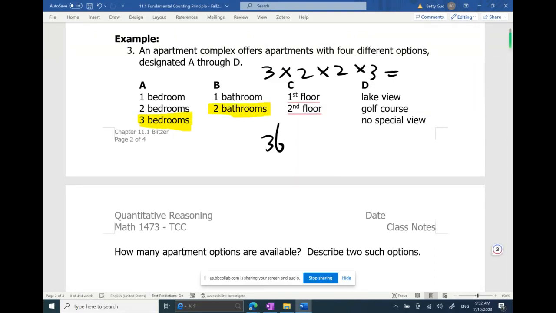And 2 bath. Second floor, because I like being quiet. Second floor will not have any noise from above. And I like lake view, so that's my option. Okay, you can choose your option.